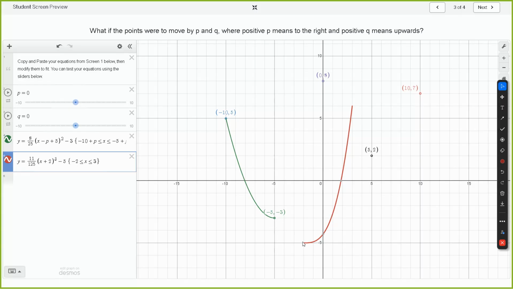I'm going to go set -1, -2, -3. So it's 3 to the left and 2 up. 3 to the left plus 3 here comes to 5, and 2 up comes to -3, and then my domain, remember, will change here to -5, and it will stop at 0 because that's what I want. Okay, so now it's going through there, which is great.